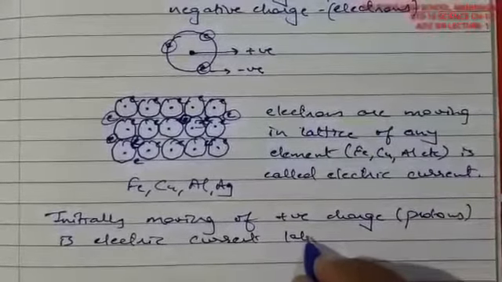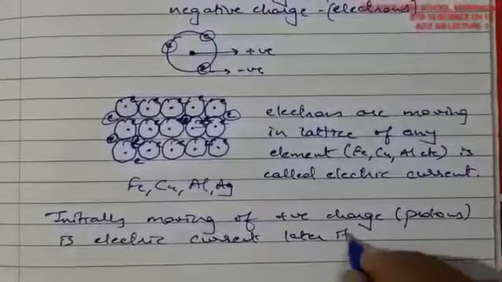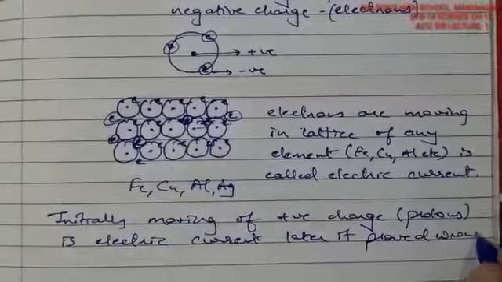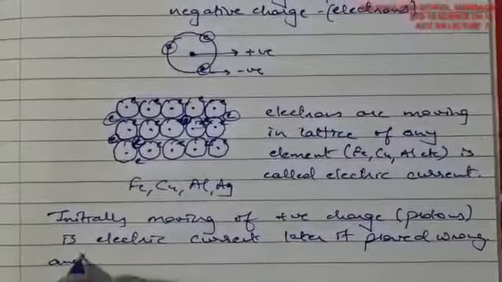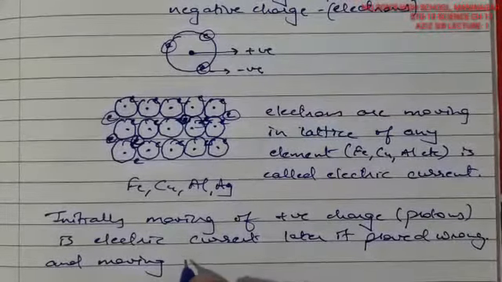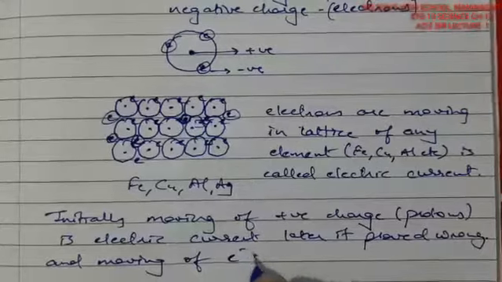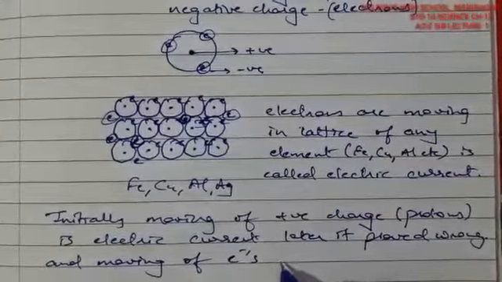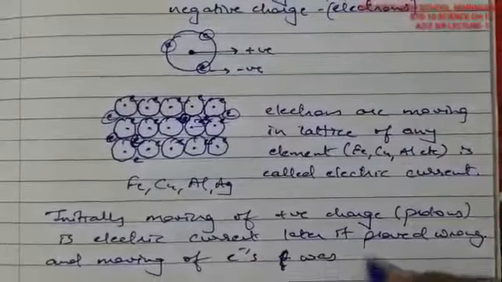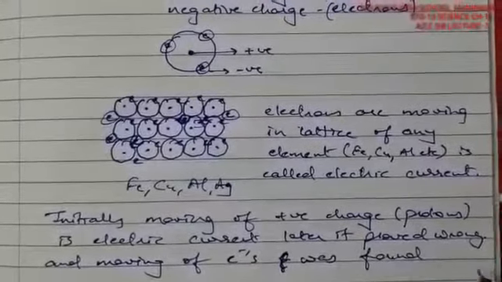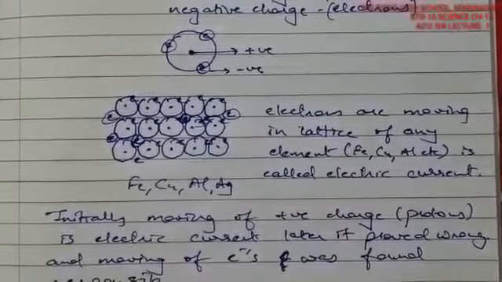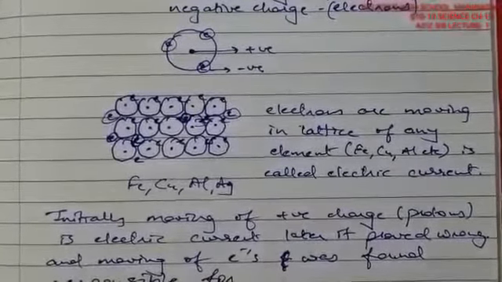Later it proved wrong, and the moving of electrons was found responsible for electric current.